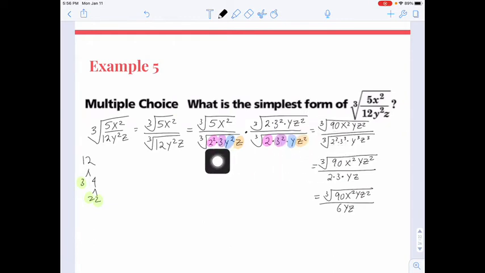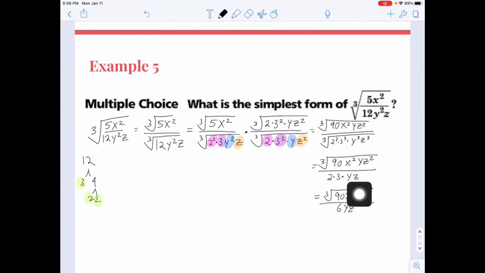On the denominator, we have 2 squared times 2 gives us 2 cubed, 3 times 3 squared gives us 3 cubed, y squared times y gives us y cubed, and z times z squared gives us z cubed, which we did on purpose. We wanted these to all be cubes. So now we have a whole bunch of perfect cubes in the denominator under a cube root, so we can take them all out and get 2 times 3 times y times z.